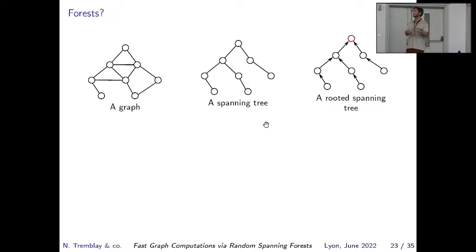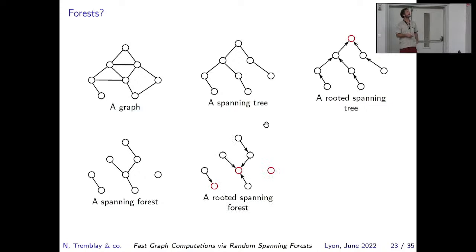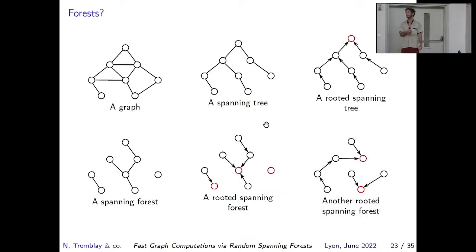Given a spanning tree, I choose a node and I say this is a root, and I orient all edges towards this root. A spanning forest is a disjoint union of spanning trees. And a rooted spanning forest is where I choose a root per tree in this forest. In the same way there are many spanning trees in the graph, there are even more spanning forests in a graph.